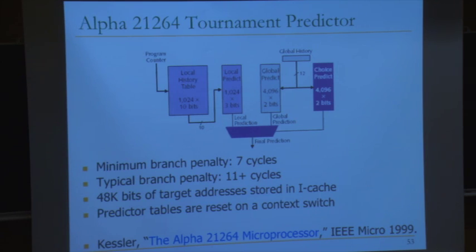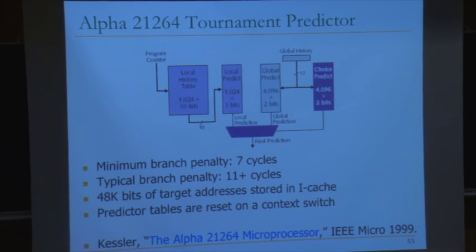It's again a state machine of 2-bit counters. This choice predictor says, the last time I saw this history, I strongly believe that this local predictor is going to give me the correct prediction. Right. And you could change that behavior, of course. If you keep getting wrong predictions from the local predictor, now you start believing that your global predictor is going to give you more information. So that's how it works.